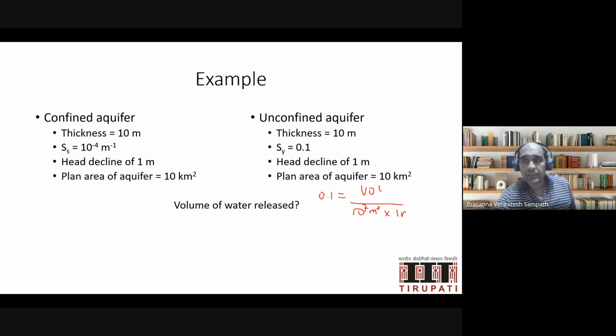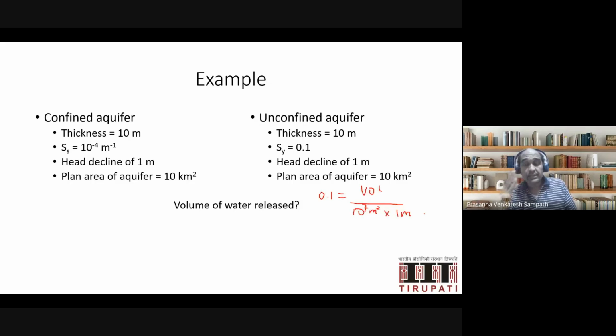Right. So this is the definition of specific yield that we studied maybe one or two classes back. It's the volume of water released per unit area per unit decline in head. So in this case, the plan area is 10 kilometer square, which is 10 into 10 power 6 meter square. So that's 10 power 7 meter square. And the decline in head is 1 meter. So what is the volume of water that is going to be released?